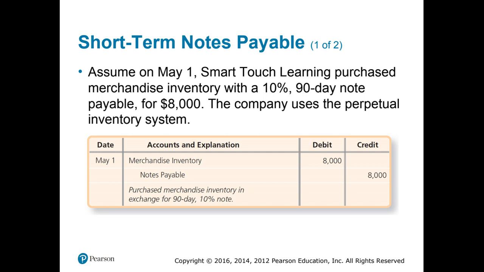We are going to record this journal as debiting our merchandise inventory for $8,000, which is the price of the note, and we're going to credit our notes payable the $8,000, which is the price of the note. And then in our note down here, we're going to put purchased merchandise inventory in exchange for 90-day 10% note.